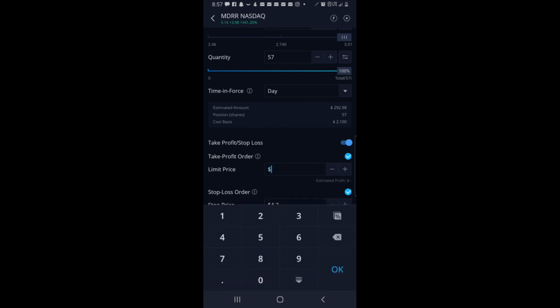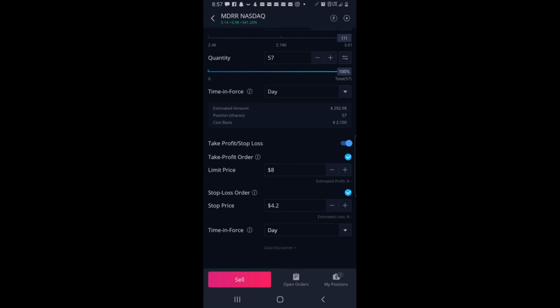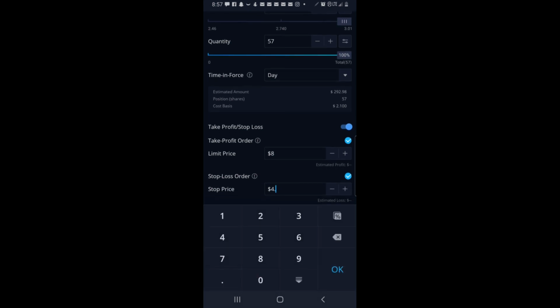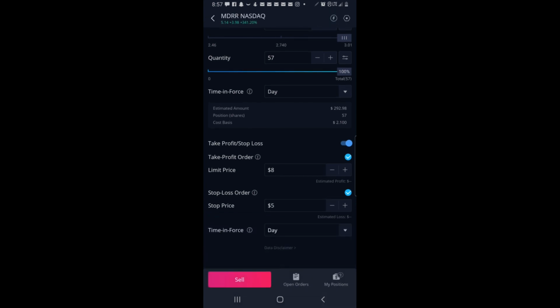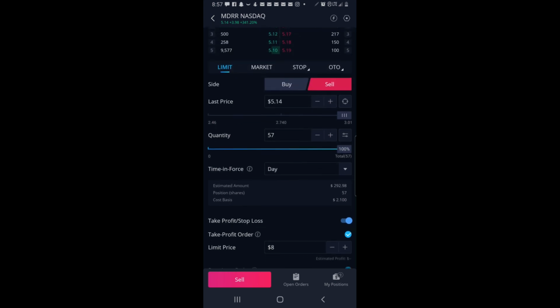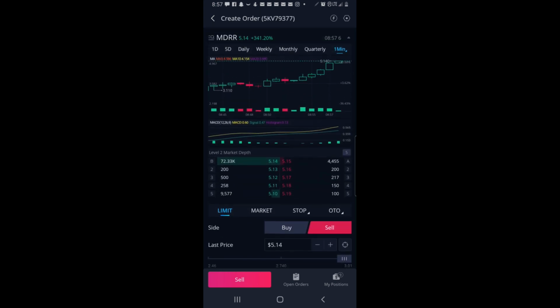But I like to use a smaller amount and grow my account little by little because I also work too. I have a good job. I make a lot of money, so I do this on my day off or on lunch or in my spare time just to make some extra money. If I can make 100, $200, $300 in less than an hour or in an hour, I take that as a win. People are not doing that every day.